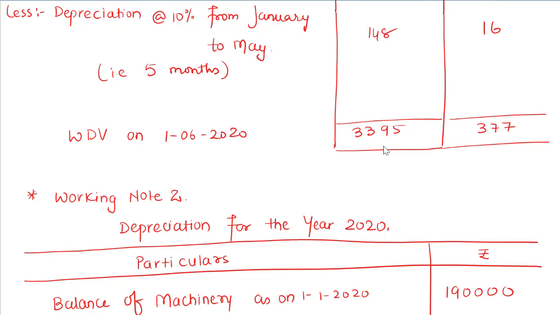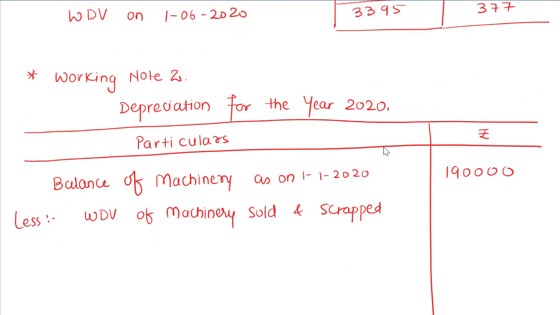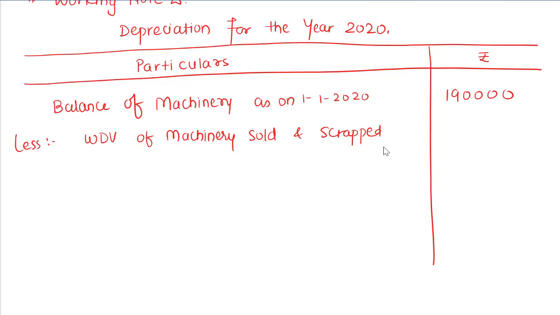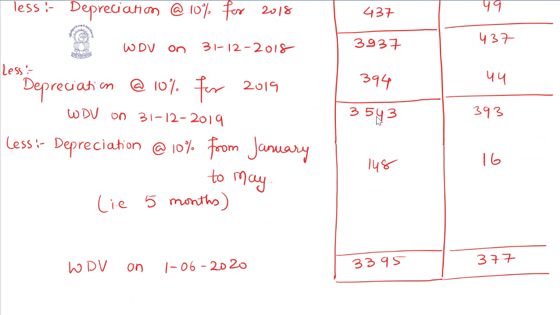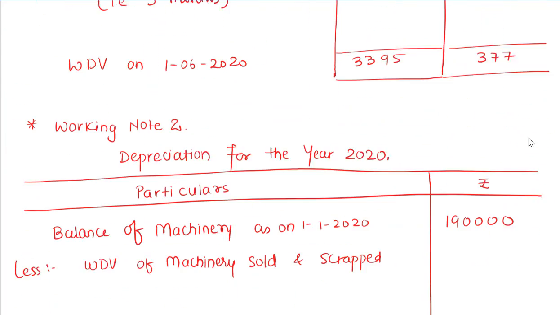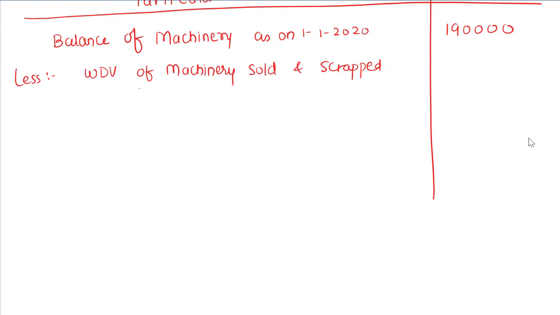So there are two written down values, 3543 and 393. 3543 plus 393, the total is 3936.